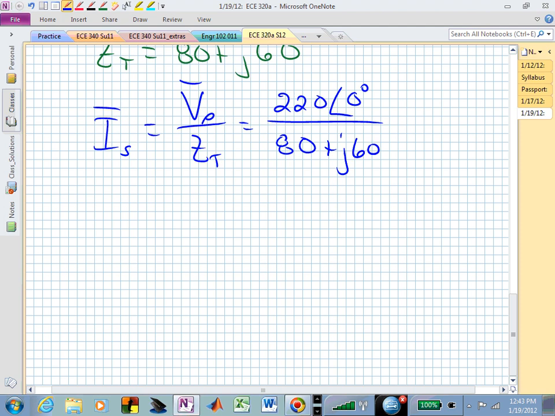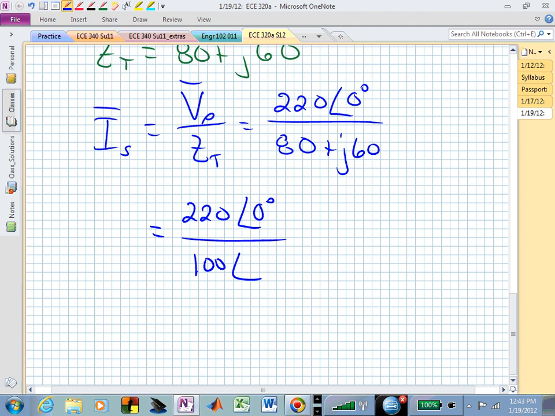Where are we? We can now convert this to polar, and if you have a calculator that does this for you, you might want to learn how to quickly go from rectangular to polar, polar to rectangular. This is now a 3, 4, 5 triangle, effectively. So we have a magnitude of 100, and the angle, which direction is our impedance?